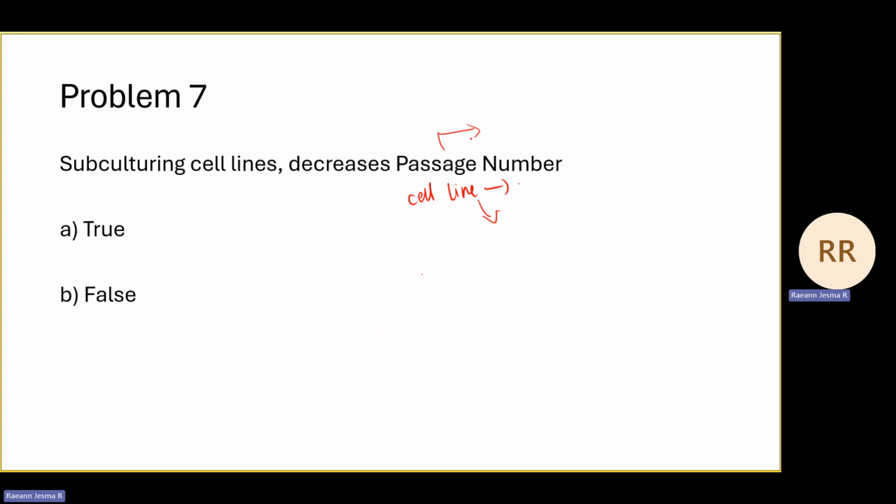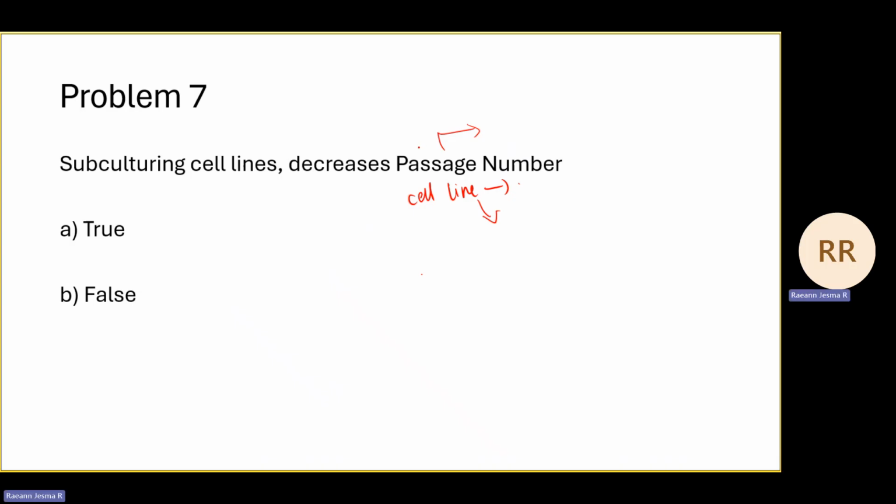When we are transferring the cell line from one cell culture to another, if we are following this process called reseeding, then the passage number will increase. In subculturing, we are removing the medium and transferring the cell lines from one medium to another, a different growth medium.